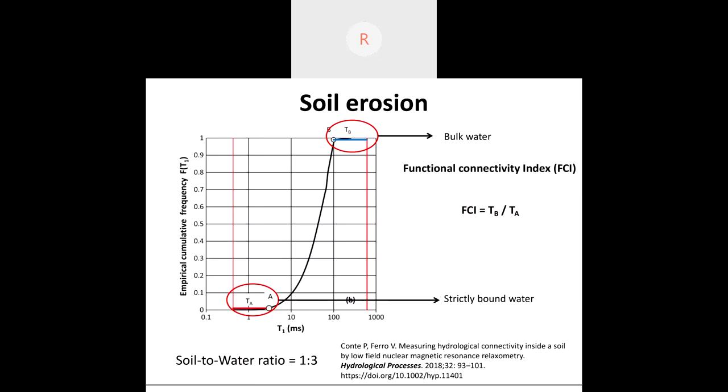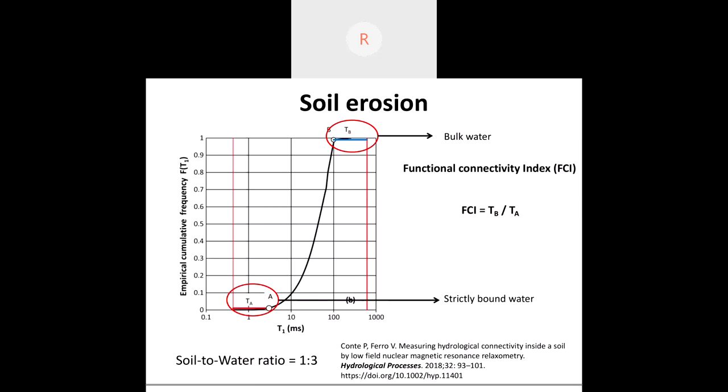In this case, if we measure the functional connectivity on the top of a mountain, for example, of a hill, then we can have an increase of this index when we have soil erosion.